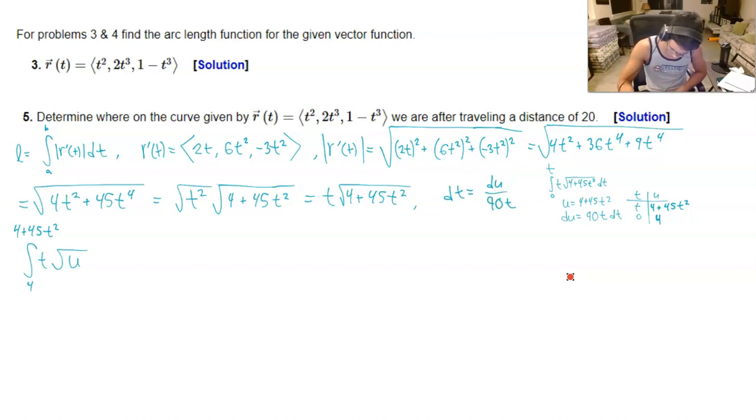Then we can see that the t's will go away, and we're just integrating square root of u, which is u to the 3 halves divided by 3 halves, and then we have 1 over 90 here, integrated from 4 to 4 plus 45t squared.